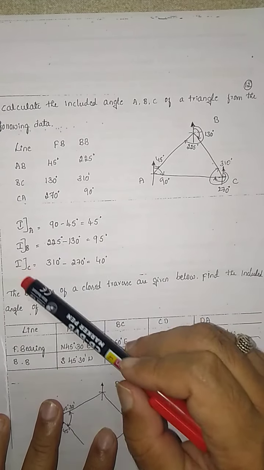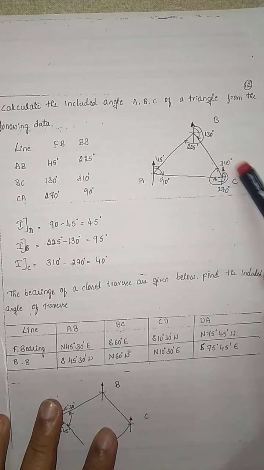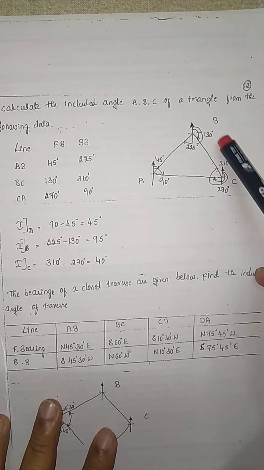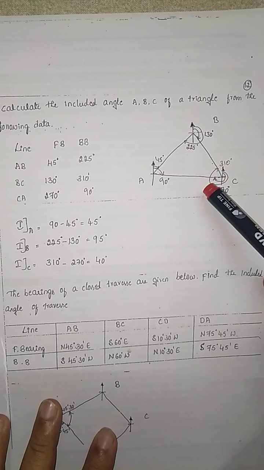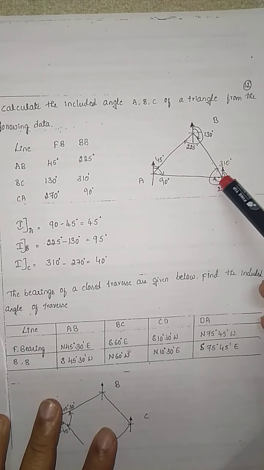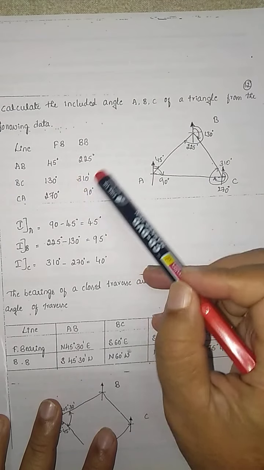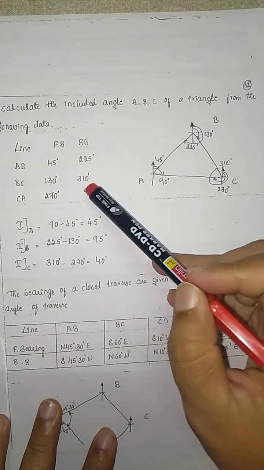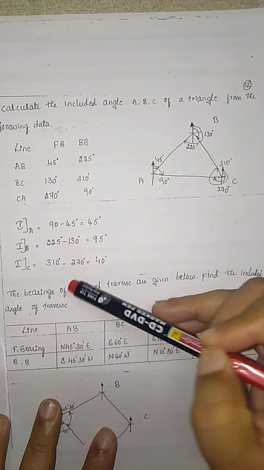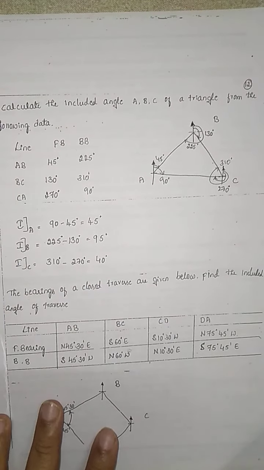Next is again C. What is the formula? The back bearing of the line CB minus the fore bearing of the line CA. So the CB back bearing is 310 minus CA. What is the fore bearing of the line CA? It is 270. So 310 minus 270.